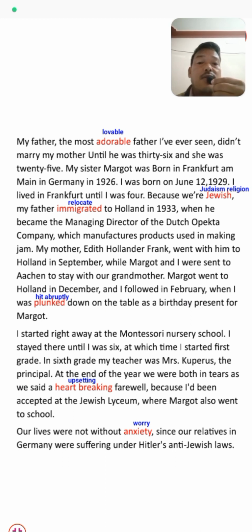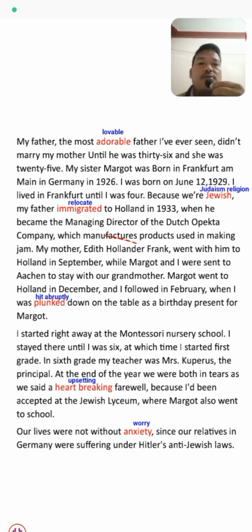Migrated means to relocate or move to some other place. He became the managing director of the Dutch Opekta company. Then, students, her father became the head of the company, and the name of the company was Dutch Opekta, which manufactures products used in making jam.